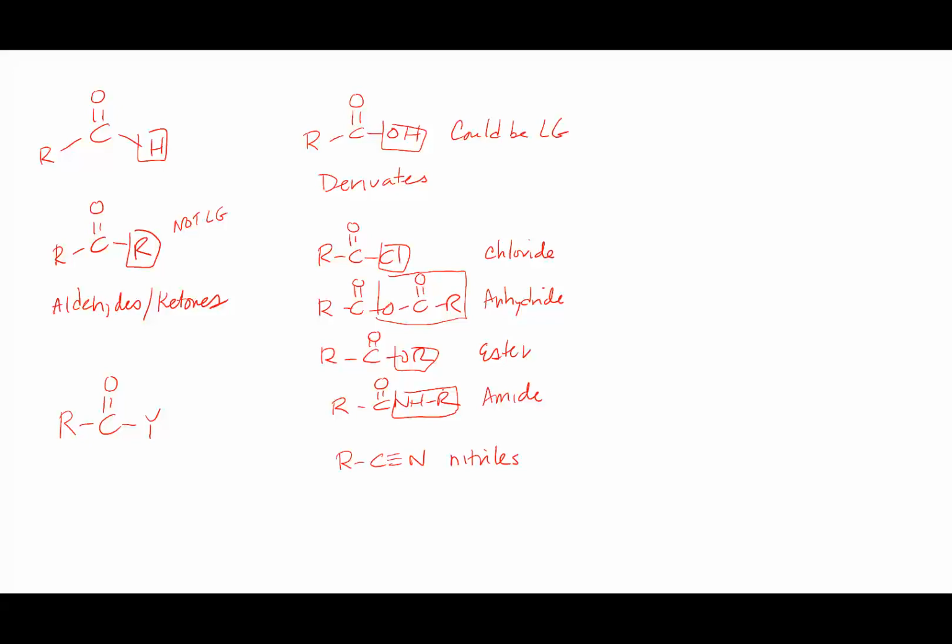So that's why we're going to divide this into two sections, because my ultimate goal here is going to be to add a nucleophile to a carbonyl. And the question is, can the Y group leave? So here's what we're going to do. And we've already done this, actually.